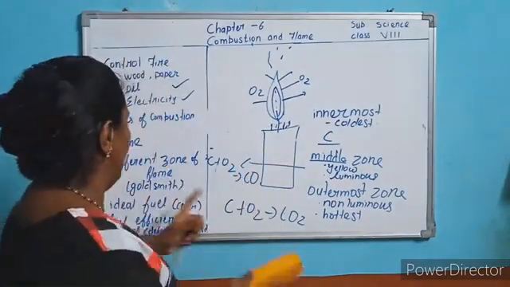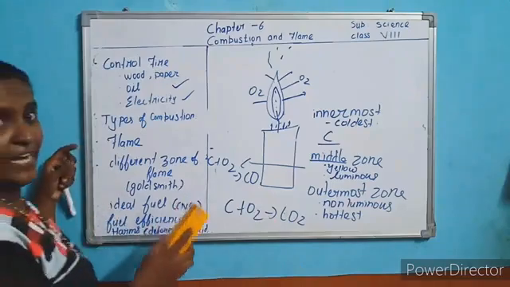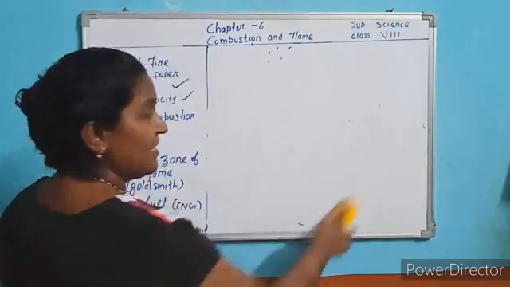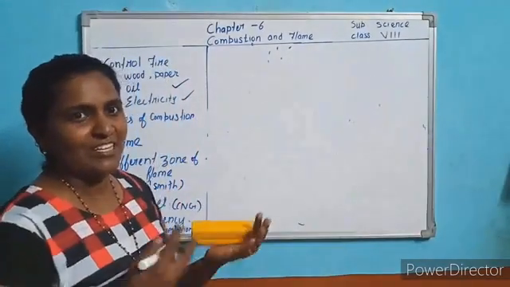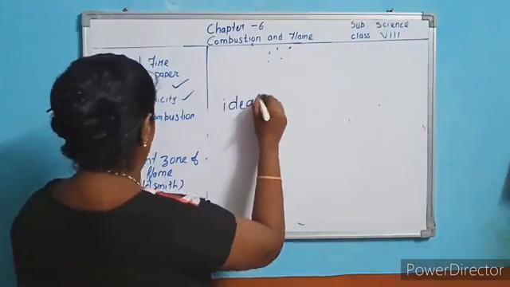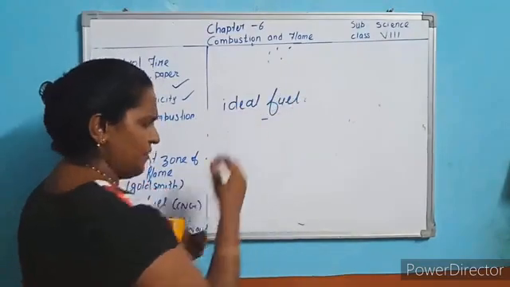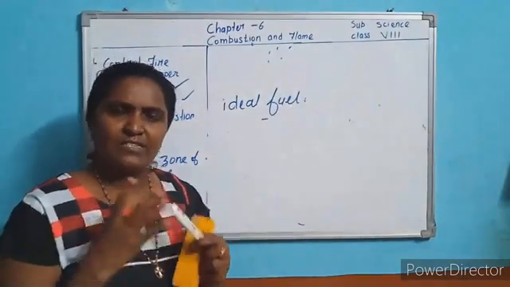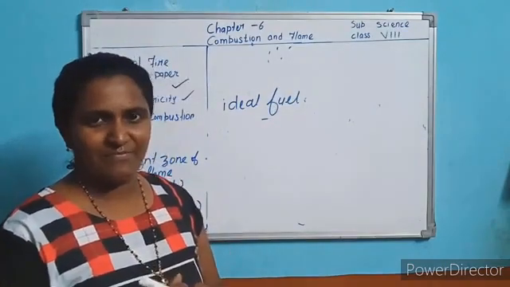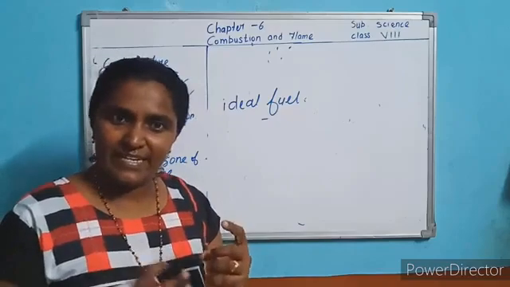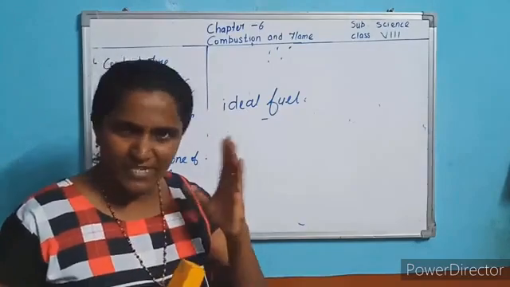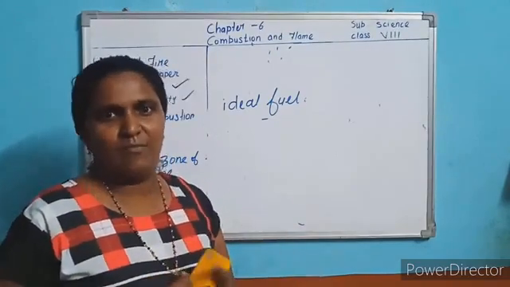Understood? Next one is, which is an ideal fuel? What is called an ideal fuel? Ideal fuel means a substance which has less ignition temperature, and second, which is cheap, that means less cost, not expensive, and which is easily available.